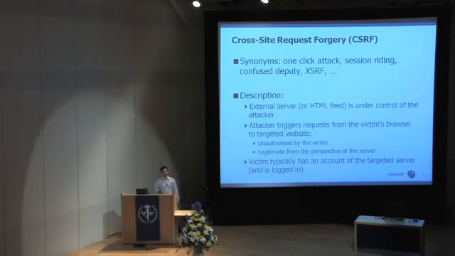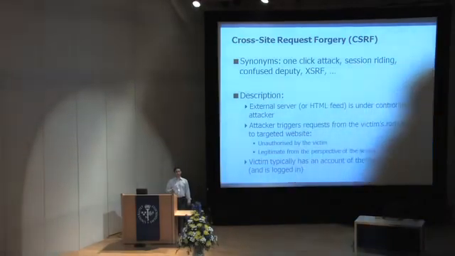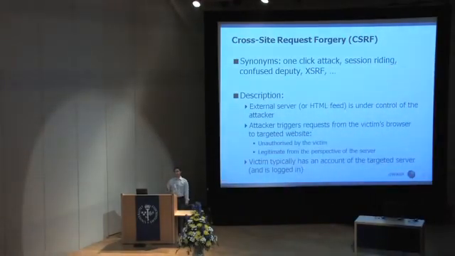Those requests are happening in the background, are not authorized by the victim, but from the server-side perspective, those requests are legitimate. They are actually sent on behalf of that victim. In this scenario, what is typical is that the victim itself has an account to the targeted web server, and in the browser session that is going on, the victim was already logged in to the targeted web server.